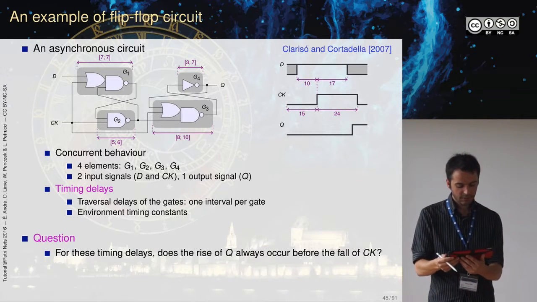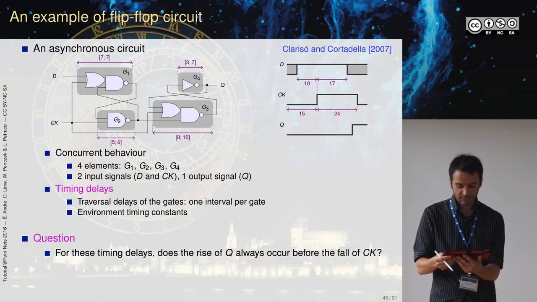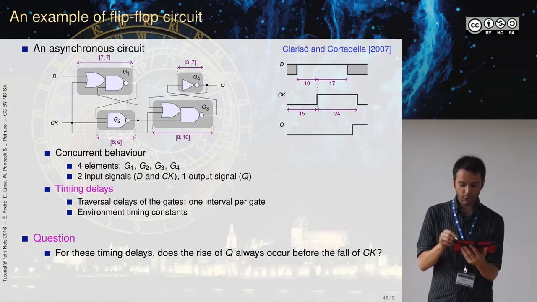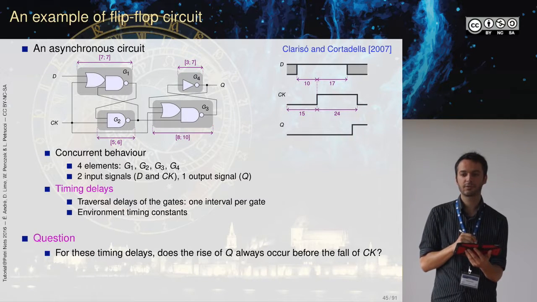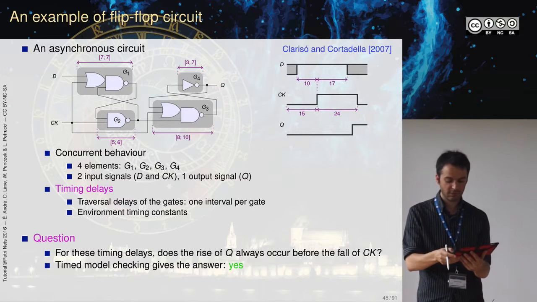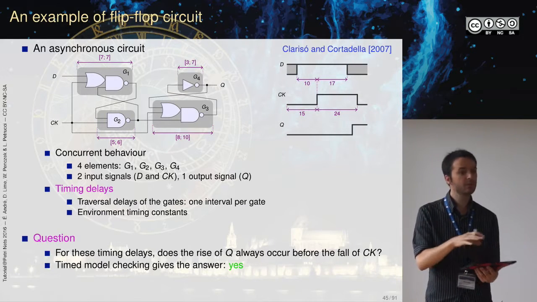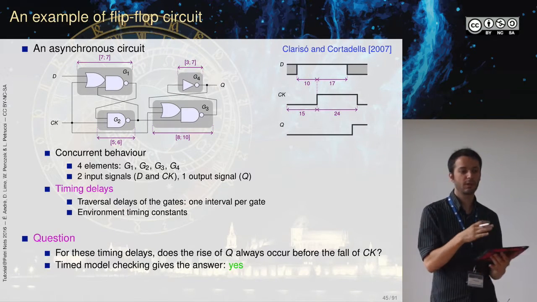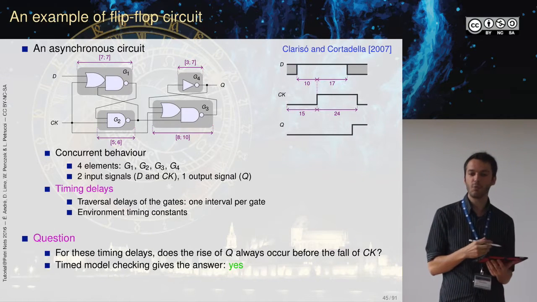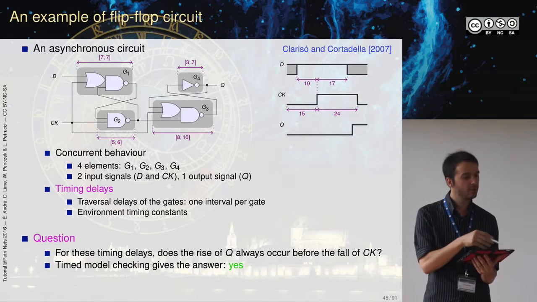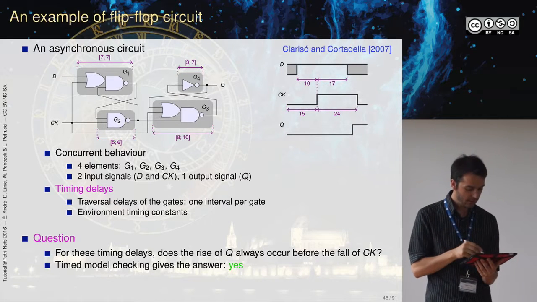So the question, for those timing delays, does the rise of Q always occur before the fall of CK? Can I guarantee that this occurs before this falls? This is an interesting problem. I do not need parameters here. I can use timed model checking without parameters. For instance, using the UPPAAL model checker, I can model this using timed automata and answer.